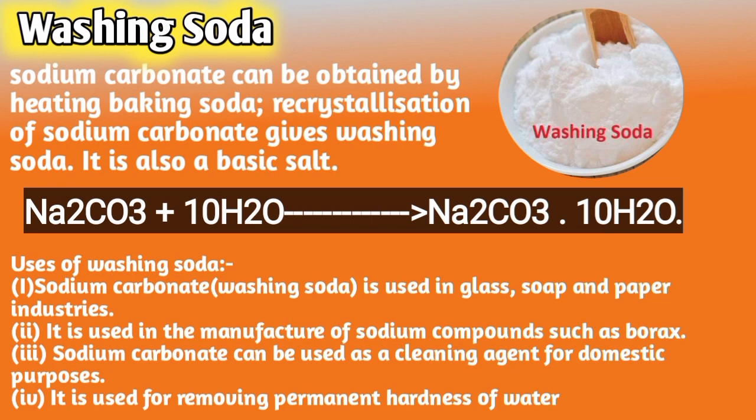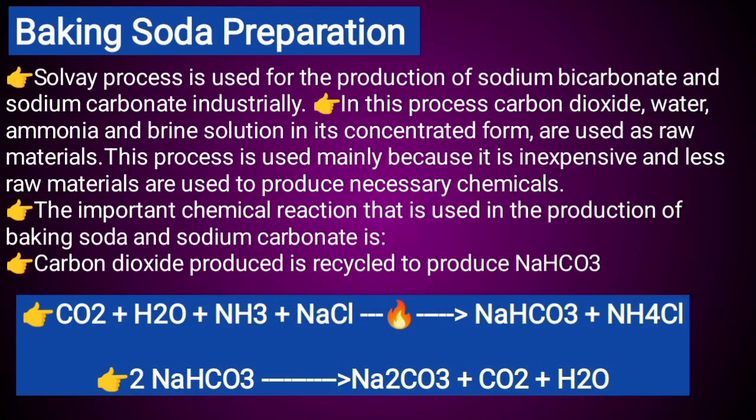Next, coming to baking soda. How is baking soda prepared and what are its uses? For baking soda preparation, carbon dioxide, water molecules, ammonia, and sodium chloride are the raw materials. Combining them, the final products are sodium carbonate, sodium bicarbonate, and ammonium chloride.